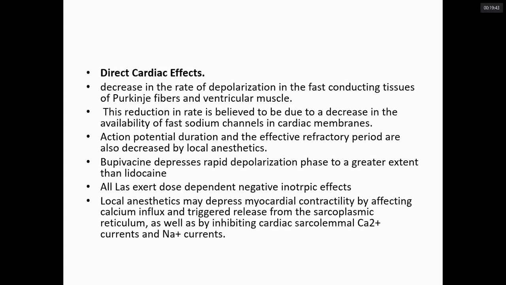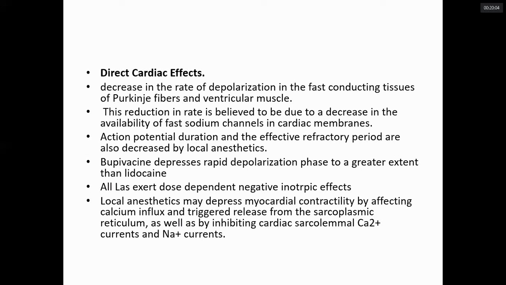And this reduction in rate is believed to be due to decrease in the availability of fast sodium channels in the cardiac membrane. So the sodium channel blocker effect is seen, and it will decrease the rate of depolarization. And also action potential duration and effective refractory period are decreased.